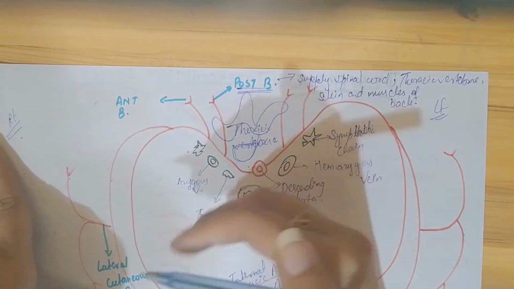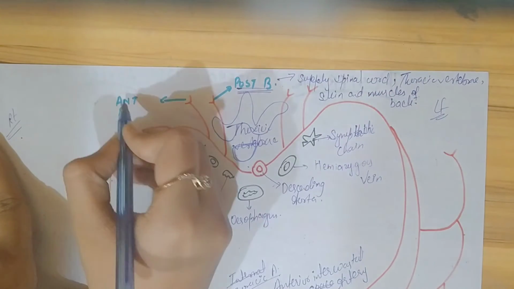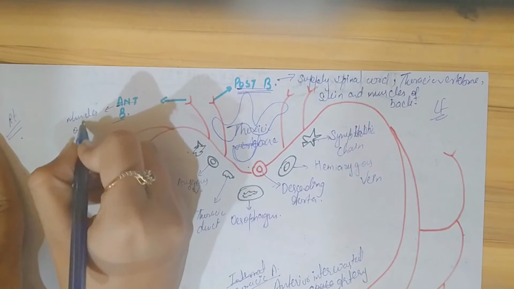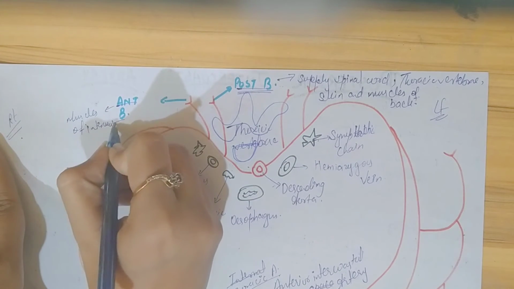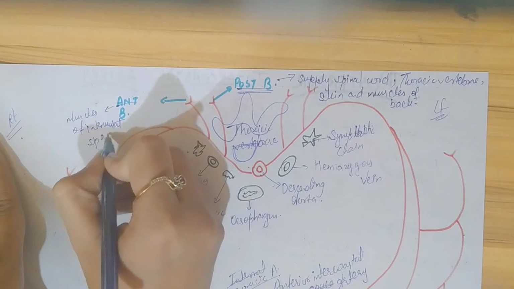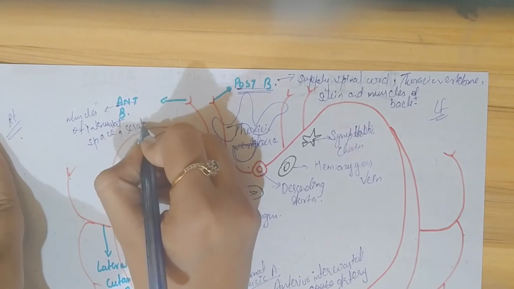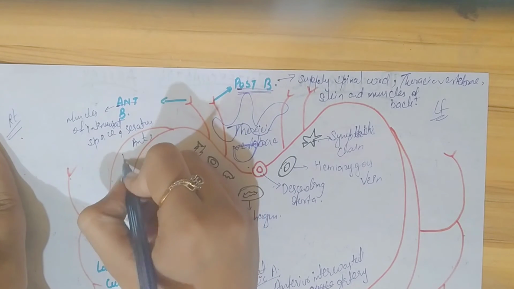The anterior branch will supply the muscles of the intercostal space, that are the intercostal muscles, and moreover it also supplies the serratus anterior muscle and pectoral muscles.